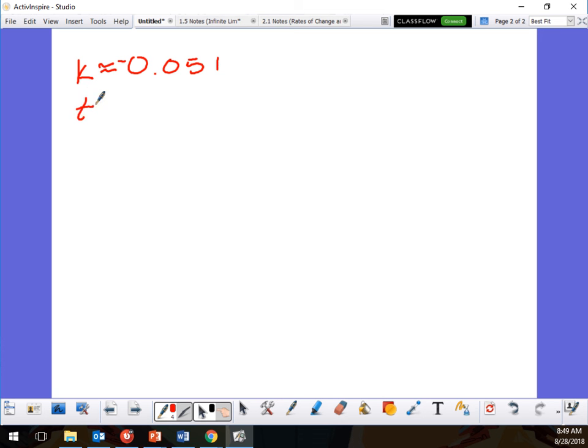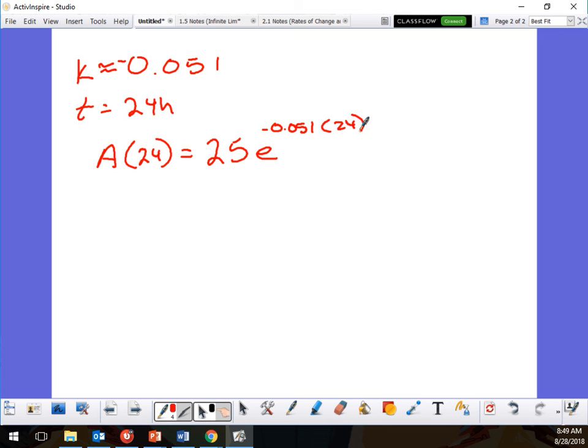So in this case, t would be 24. So it would be A of 24 equals 25, my initial, e to the, now I know the k, negative 0.051 times 24.